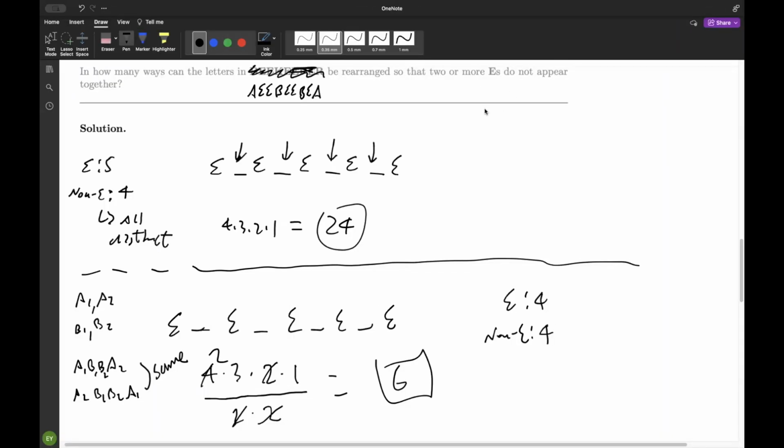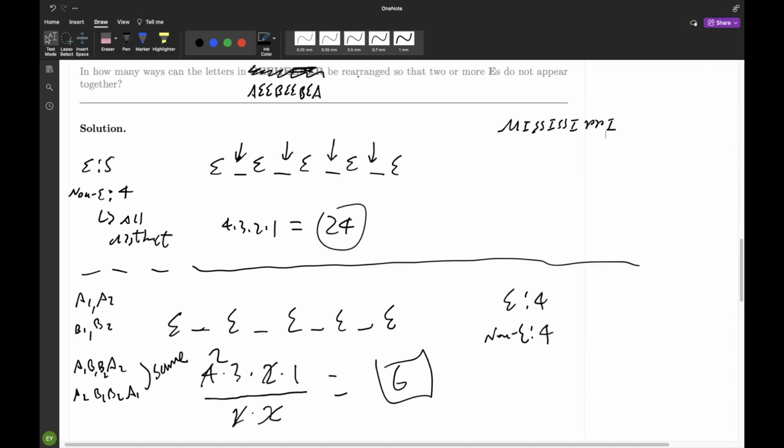Okay, so the next problem that I gave you while waiting for the cooldown time for the Zoom meeting was how many ways are there to arrange the word Mississippi? Now we're going to use the same idea from here. So what is the total number of arrangements that we can have?